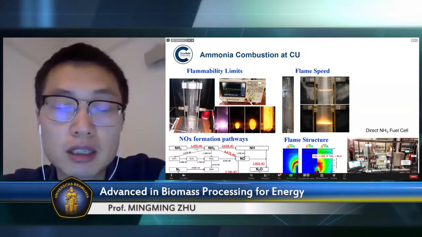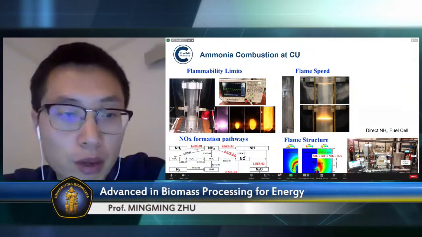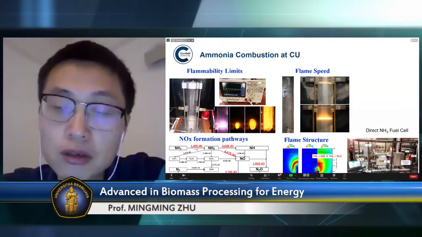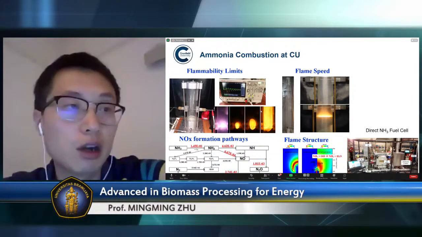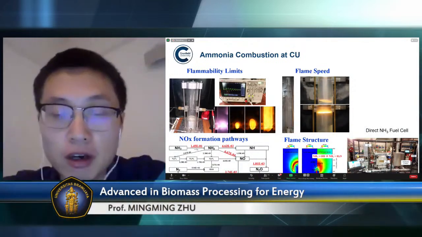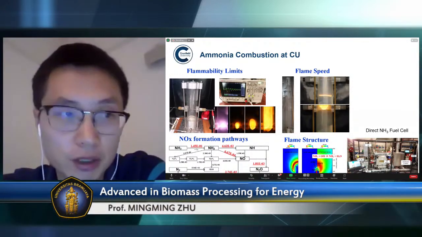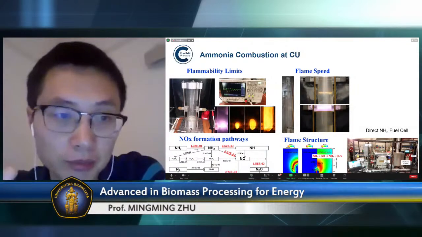So what we have done before is we tried to use ammonia as a fuel, and we studied the basic combustion characteristics of ammonia and the NOx formation. The challenge in using ammonia is that it burns very slowly compared to methane. The flame speed of ammonia is only 1/5 of that of methane. That's why it's very hard to burn.